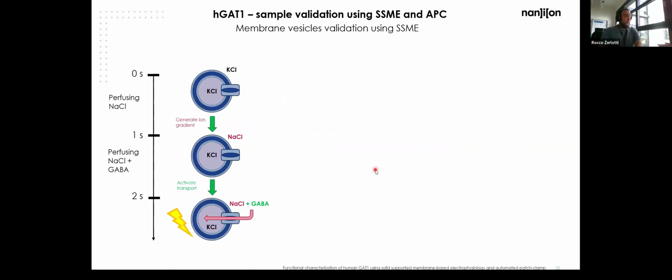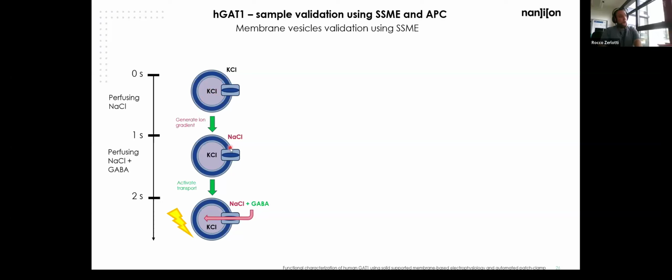Then we switched to solid supported membrane. So we broke our cells and reconstituted membrane vesicles. We filled our vesicles with potassium chloride. Then we started perfusing a solution containing only sodium chloride.